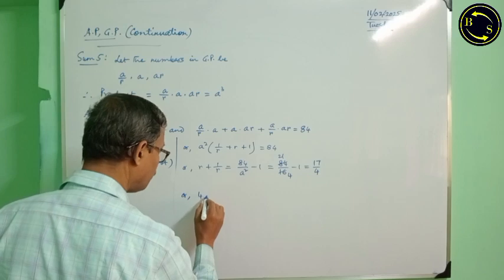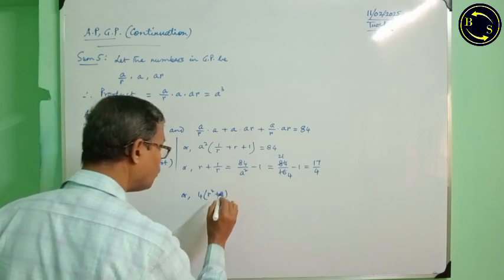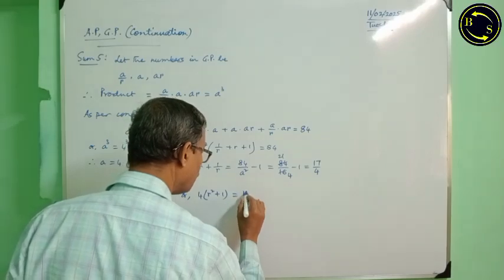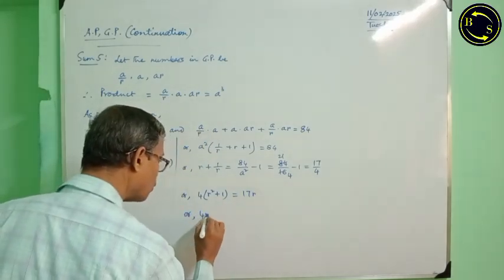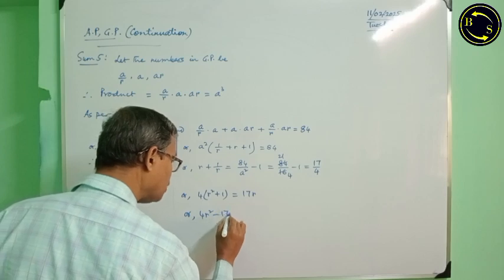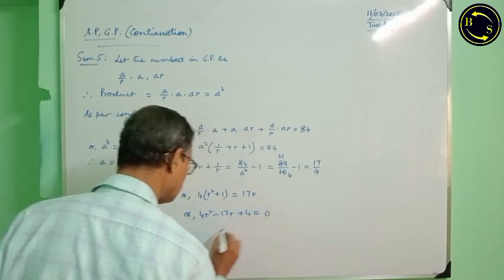4r square minus 17r plus 4 is equal to 0.